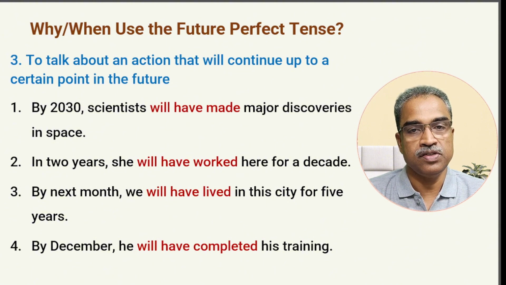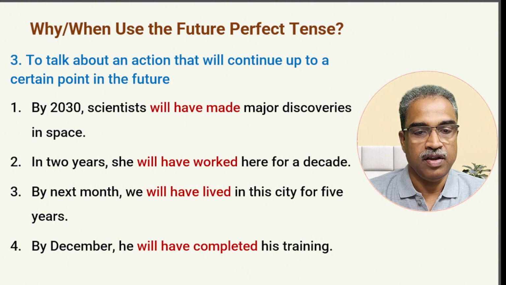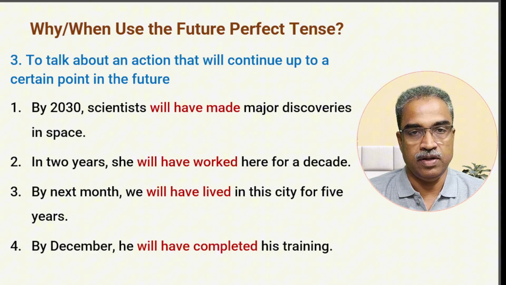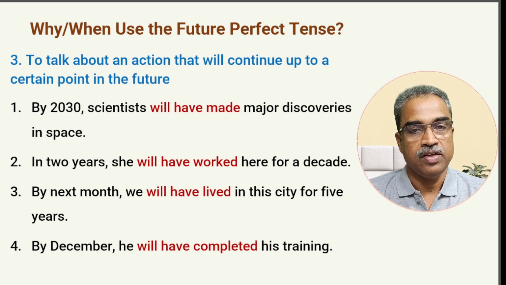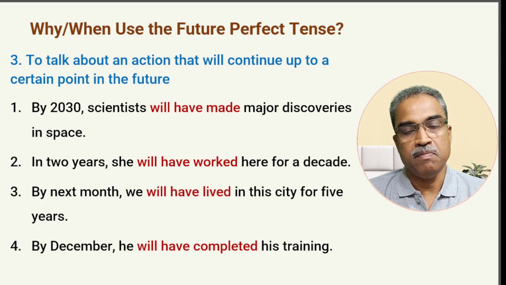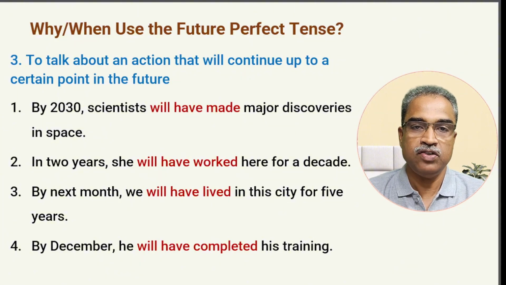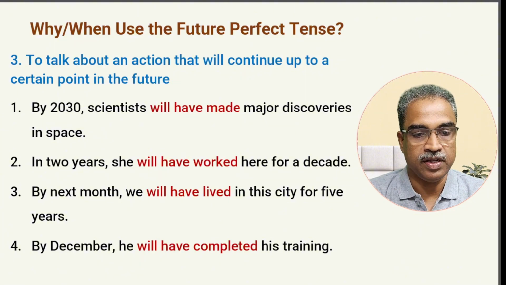Now it is 2025. After 5 years, that is in 2030, scientists will have made major discoveries. So they are making, but they have not made such major discoveries. But by 2030, they will have made.